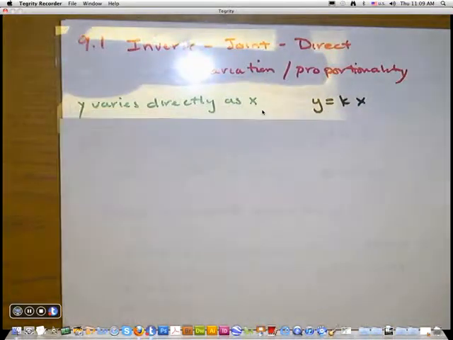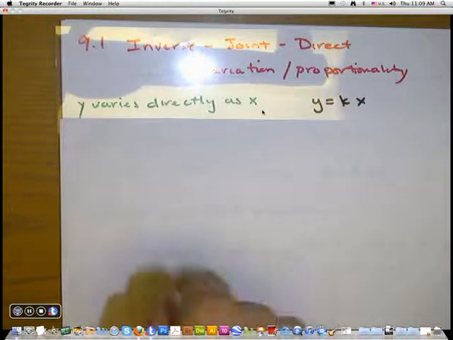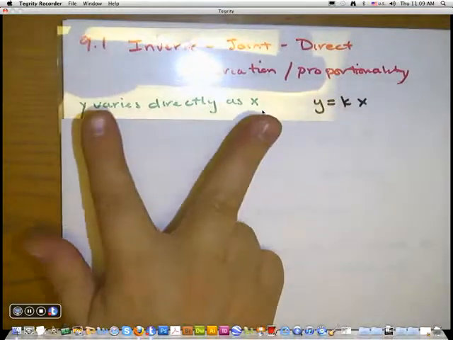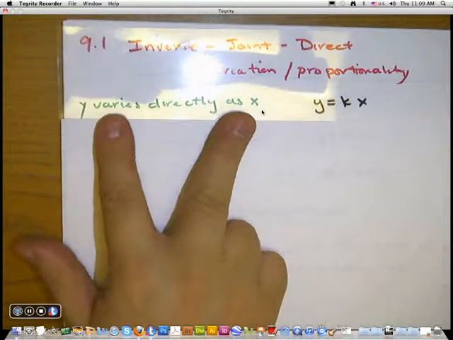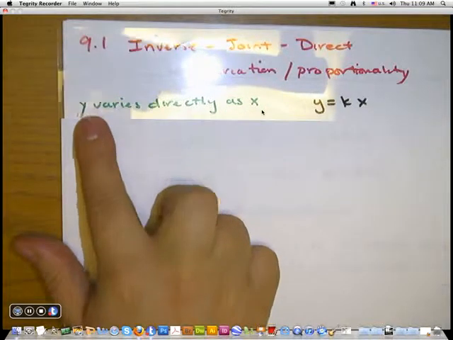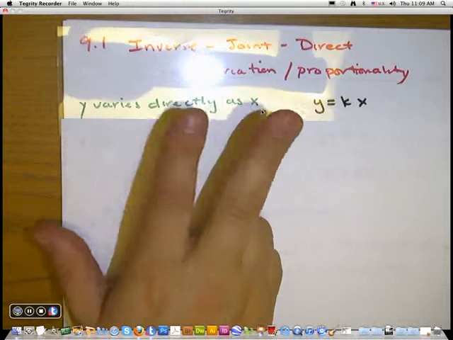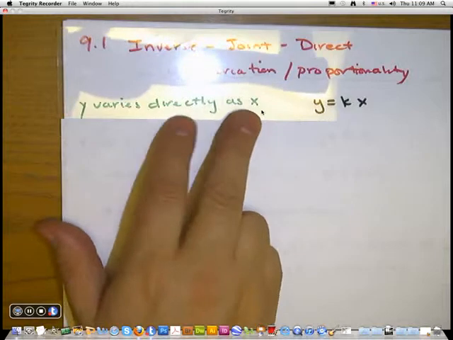This k is something that we're going to have to be finding in each of our problems. But it's always a component of every formula. It's always in equals the other side. But what's important is directly tells me how to put the relationship of my 2 pieces. So y goes on the left side of the equal sign, x is going on the right side, and it's with the k.